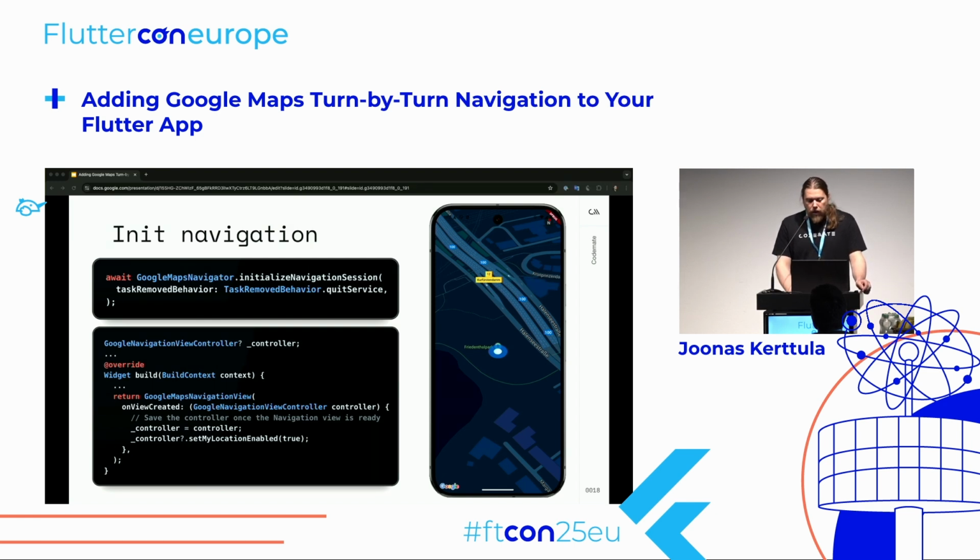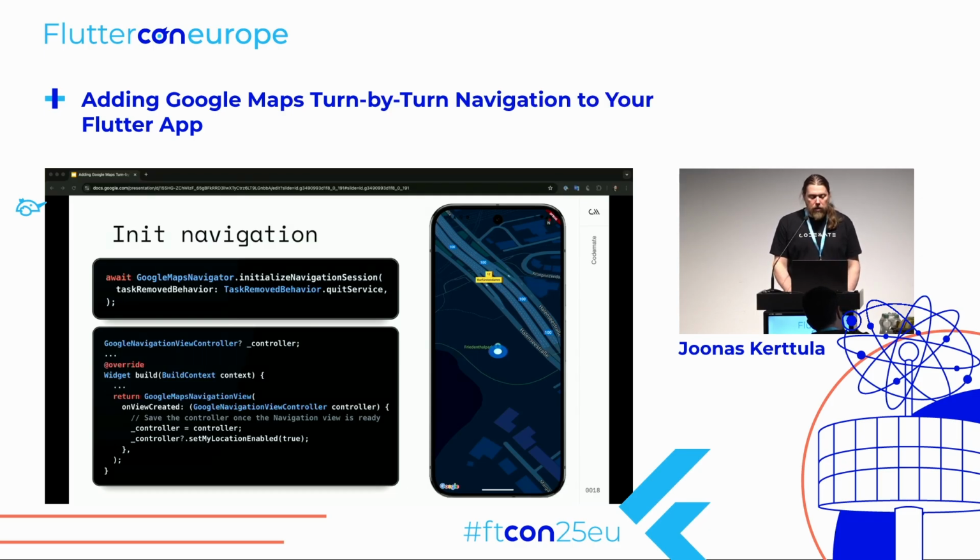So there are cases where you want to keep navigation running when you switch applications or don't want it to be killed in the background. Then just put this task removed behavior to continue mode.